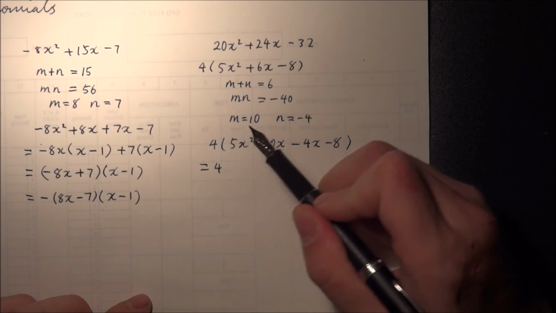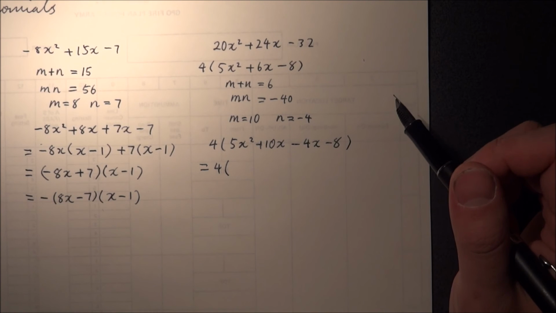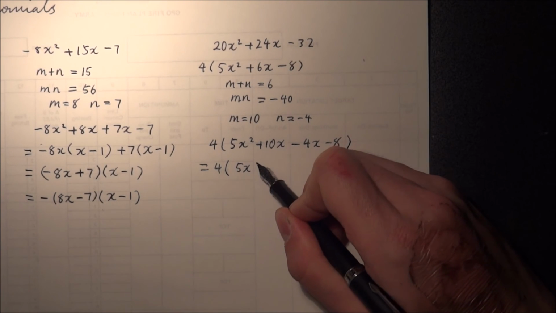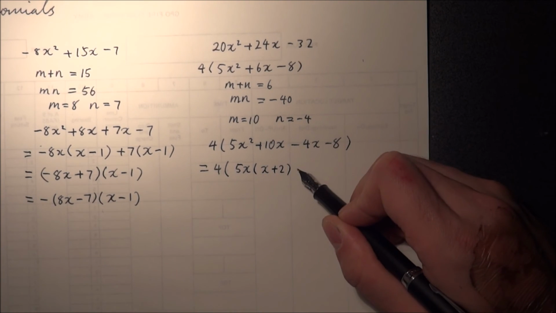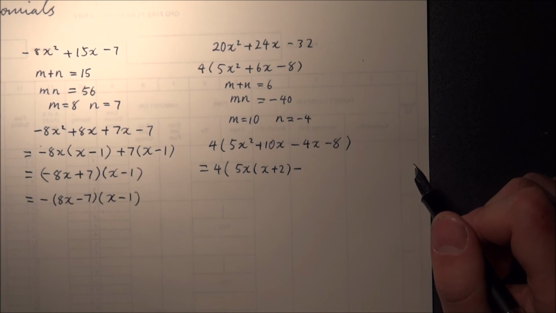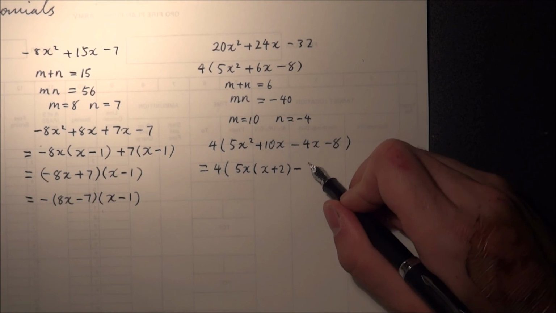As you can see, the highest common factor here is 5x. So 5x times x plus 2, minus, as you can see here, the highest common factor is negative 4.